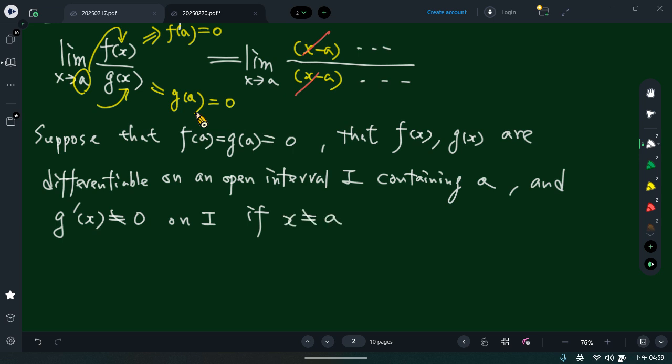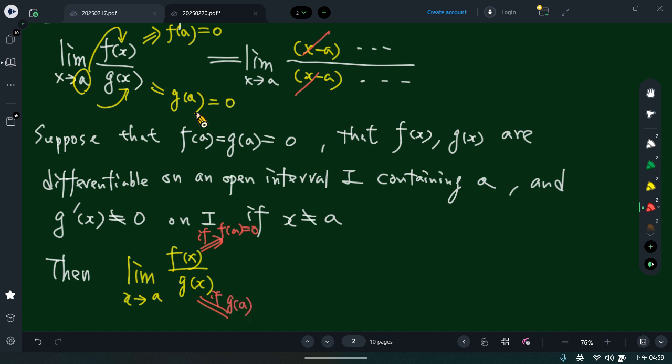Then this part is the most important part. If you calculate this one, you will suddenly find that if f of a is 0 and g of a is equal to 0, you can do this way.